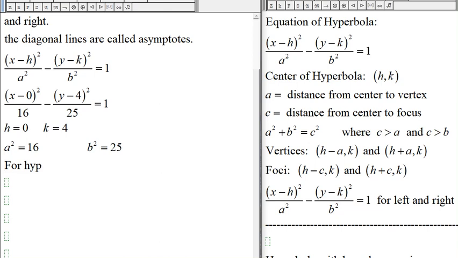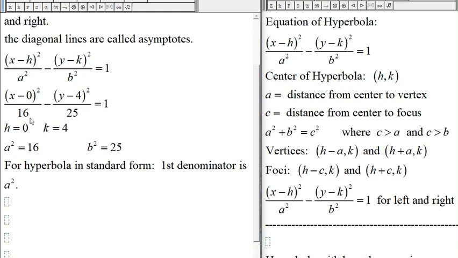And so for a hyperbola in standard form, the first denominator is a squared.